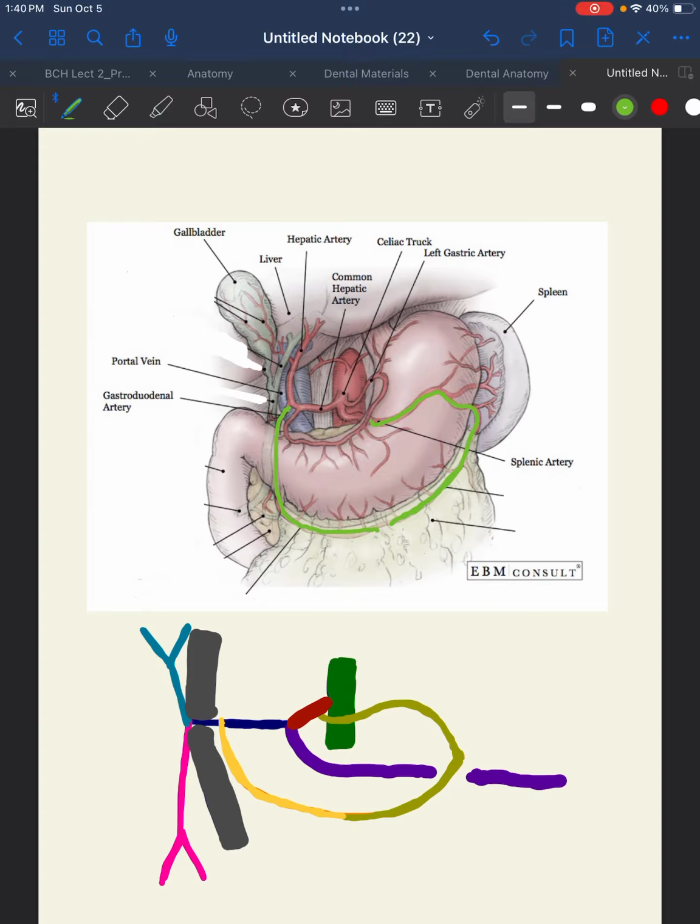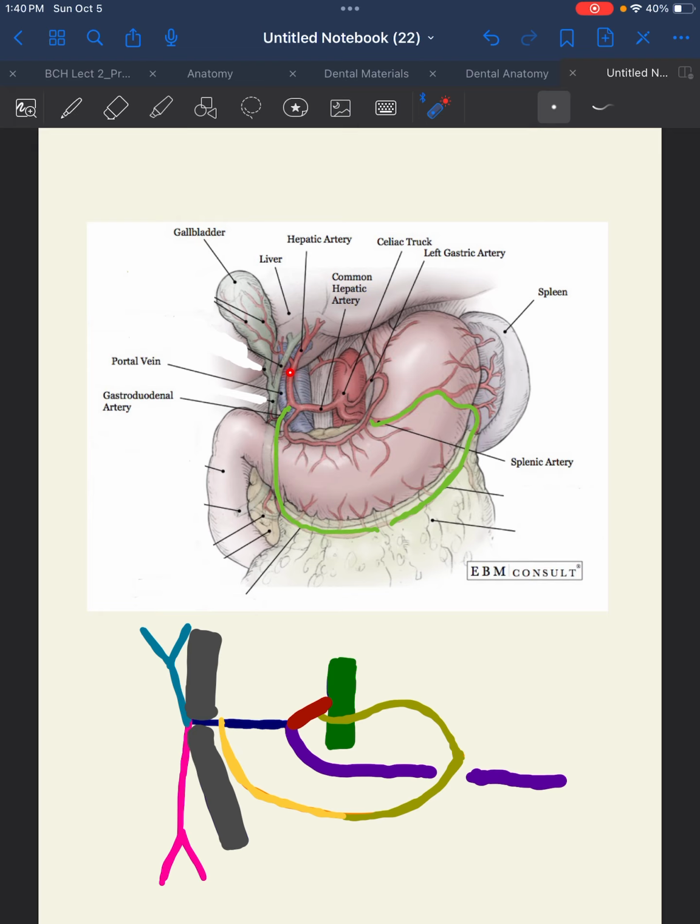So the ones we're most concerned about with the liver, though, is going to be the celiac trunk, which branches into the common hepatic, the left gastric, and the splenic. Common hepatic will then branch off into the right gastric, gastroduodenal, and the proper hepatic.